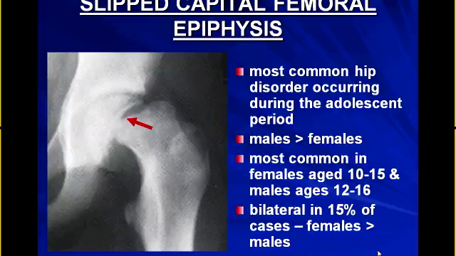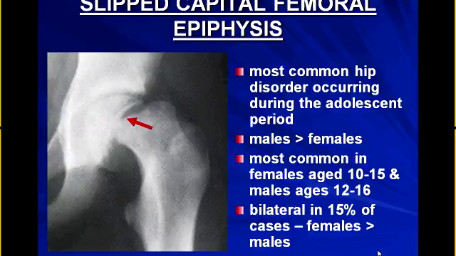Males are more commonly affected by a ratio of 3 to 2, most commonly at the age of 12 to 16 because they mature skeletally a little later. Females are much younger. And when it is bilateral, which is 15% of cases, the incidence is actually higher in females.